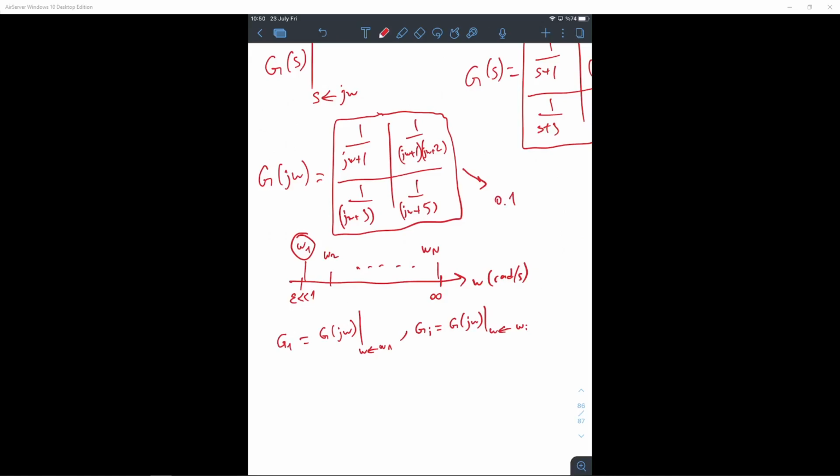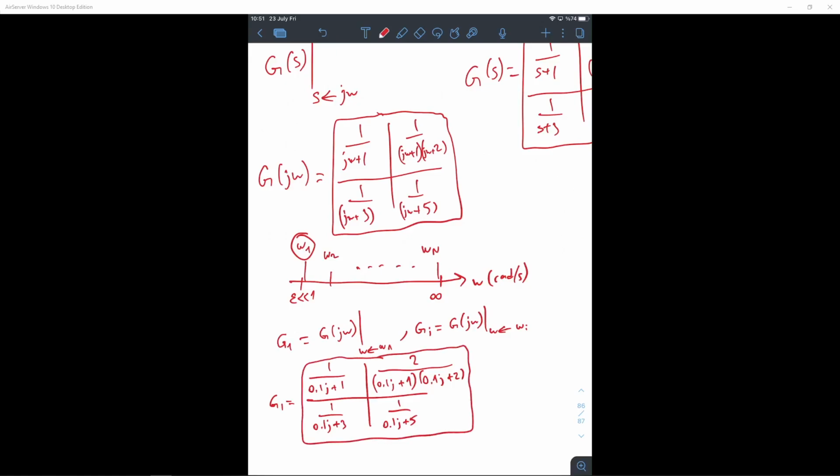So G1 is 1 over 0.1 j plus 1, because we substituted for omega, and 1 over 0.1 j plus 2, and 1 over 0.1 j plus 3, and 1 over 0.1 j plus 5.